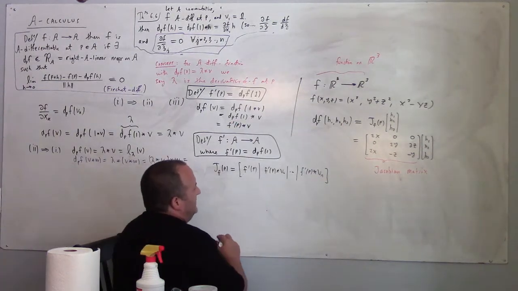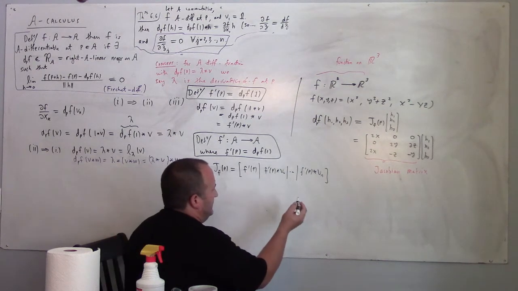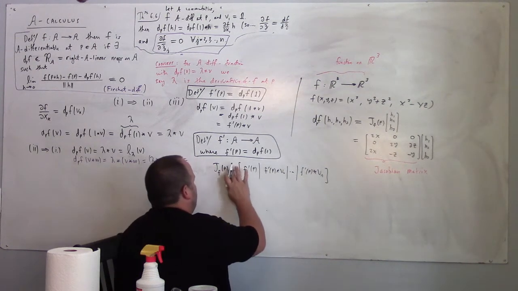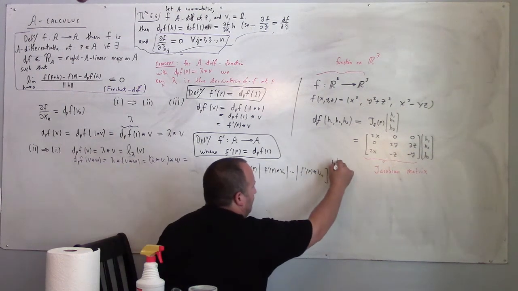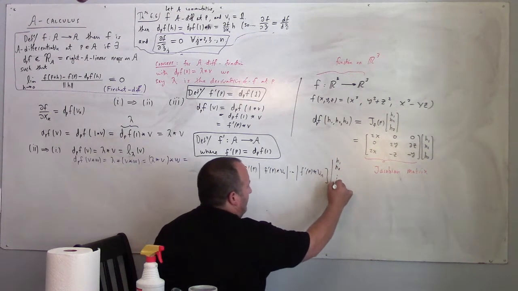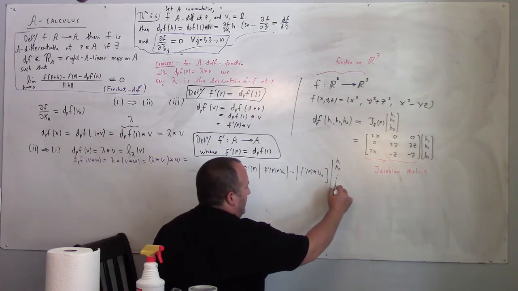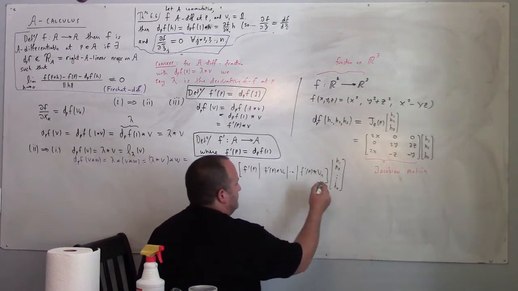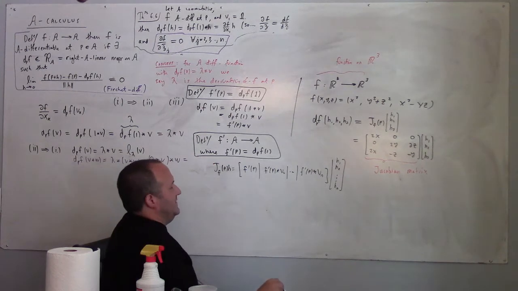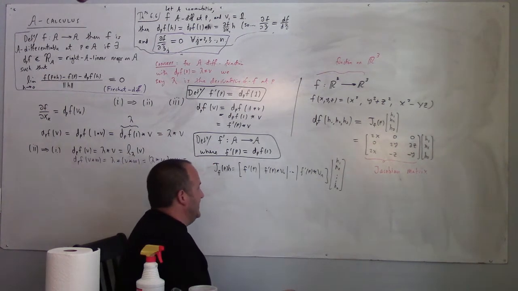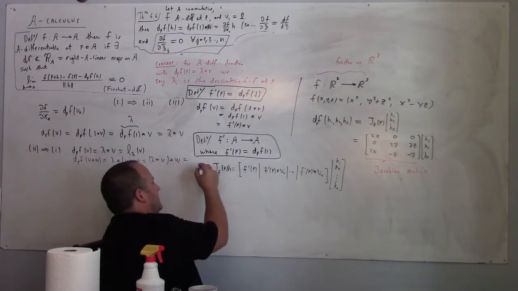I hadn't thought about this, but fine, let's multiply this by h. I'm doing this with respect to the basis beta.